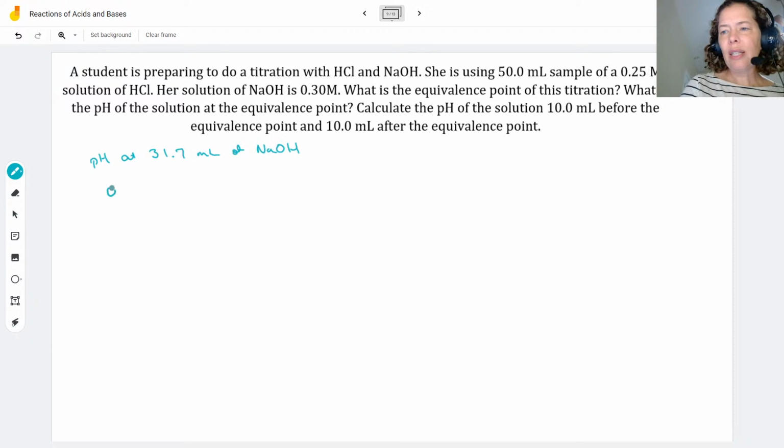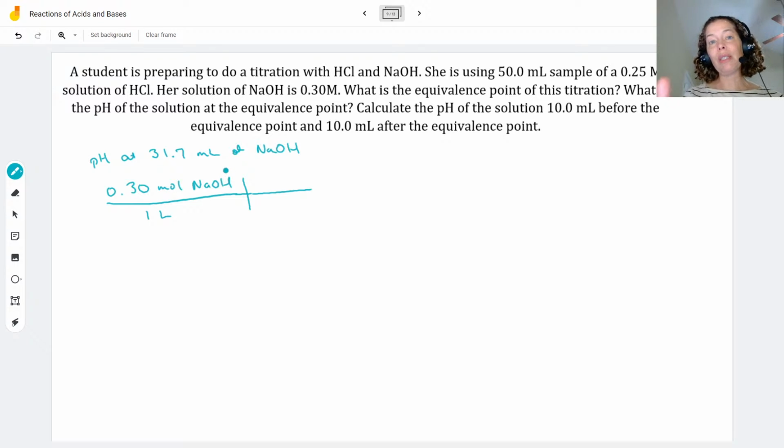So we've got, again, our concentration of sodium hydroxide. I'm going to write it as a conversion factor so I can get to my moles of sodium hydroxide. So again, I've added 31.7 milliliters, change it into liters, 3 places to the left. 0.0317 liters of sodium hydroxide.